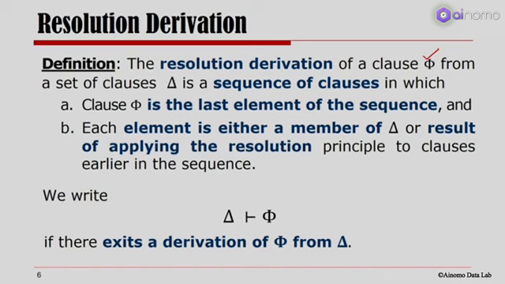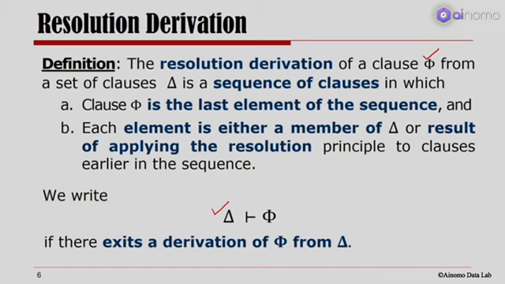Now demonstrating unsatisfiability for a set of clauses can also be used to demonstrate that a formula is logically implied by the set of formulas. This is very important for us to realize, because this leads us to the concept of how we arrive at a proof of a given statement from a knowledge base.